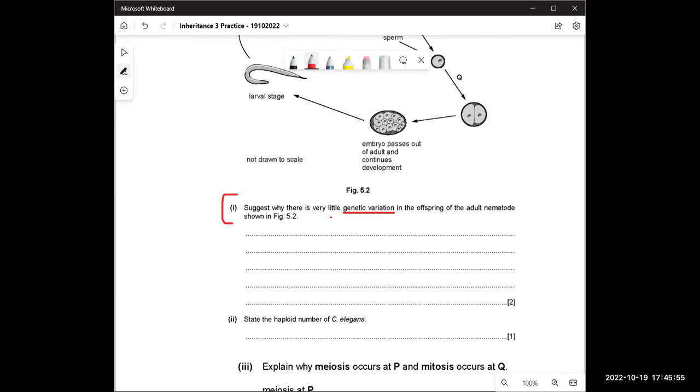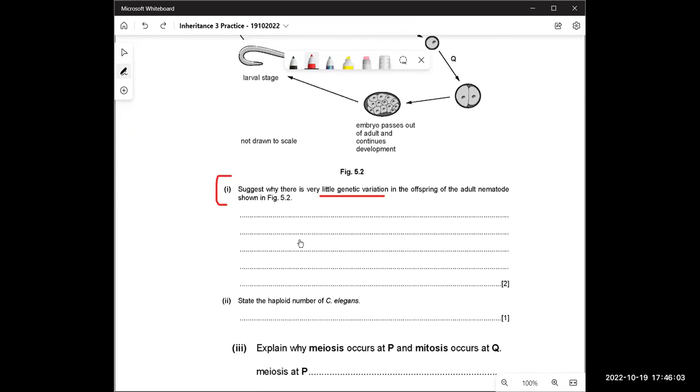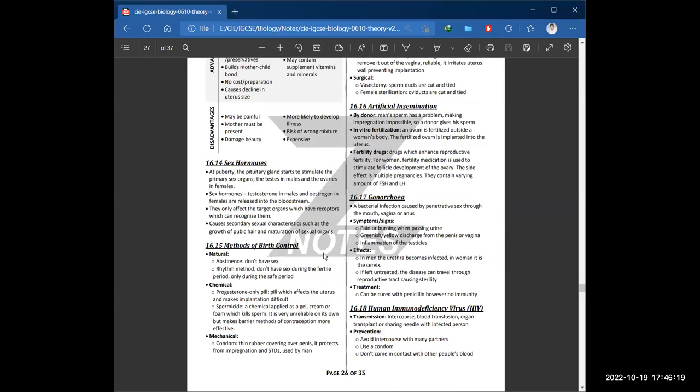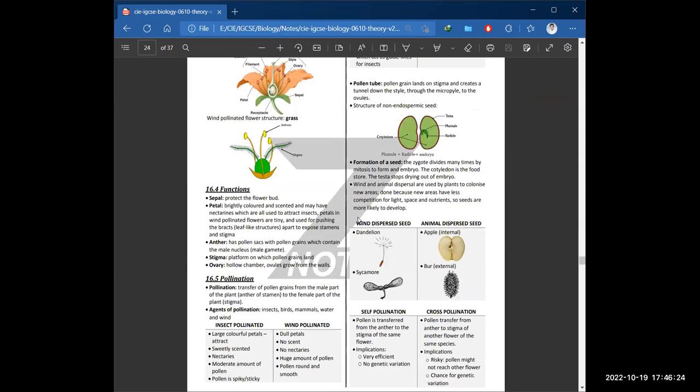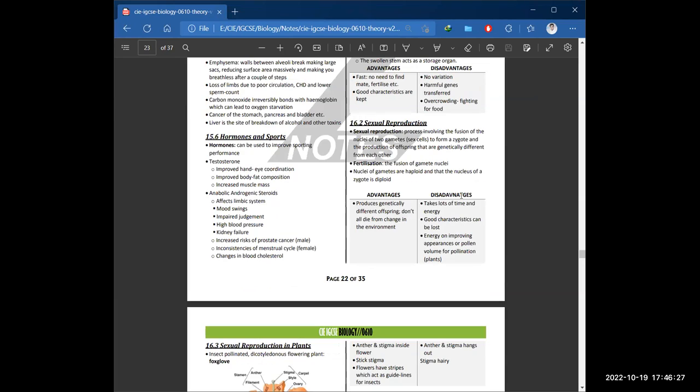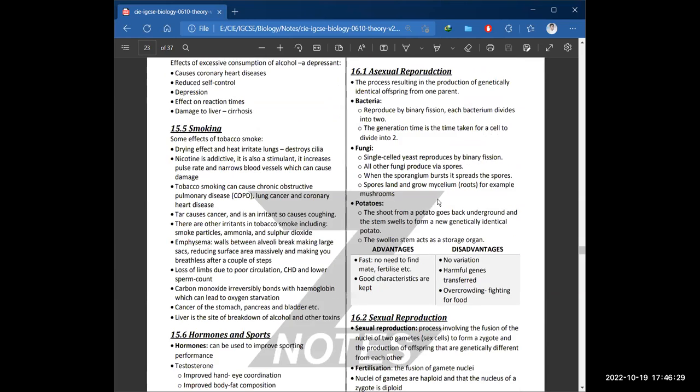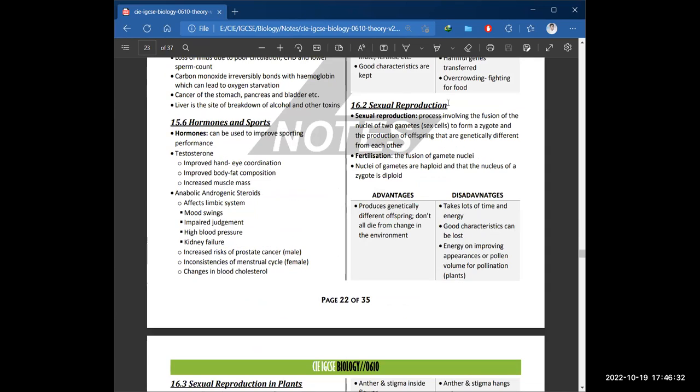Suggest why there is very little genetic variation in the offspring of the adult nematode shown in figure 5.2. The answer for this, I'll show you from notes. Go to sexual reproduction. You have two options, asexual reproduction and sexual reproduction.